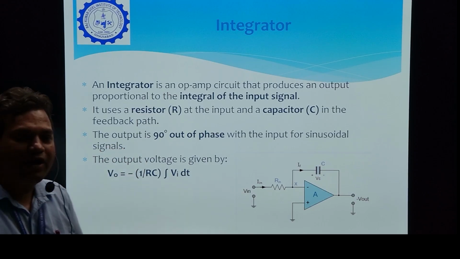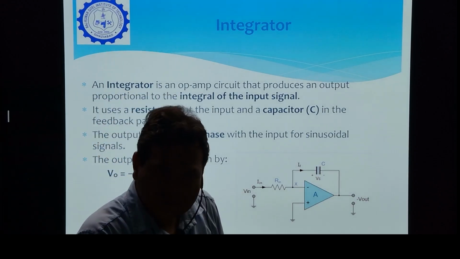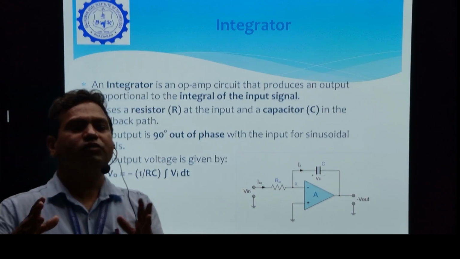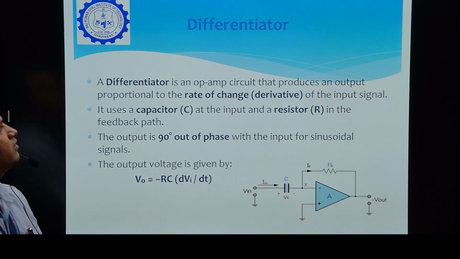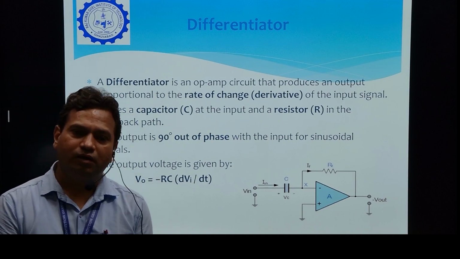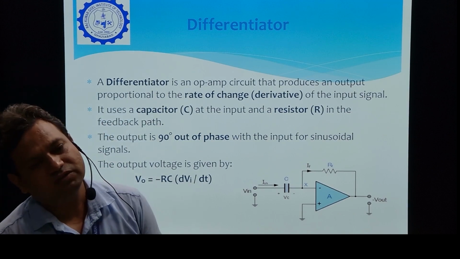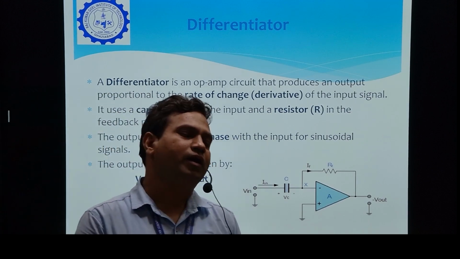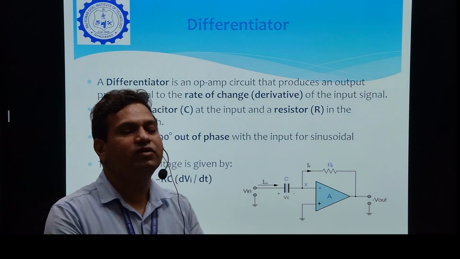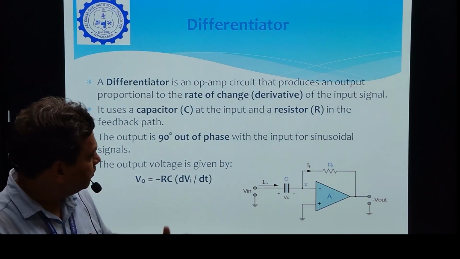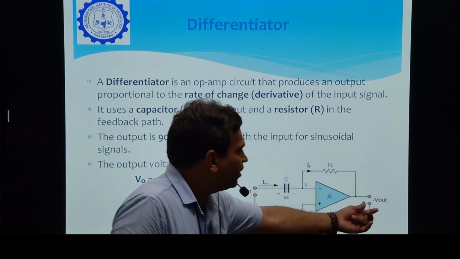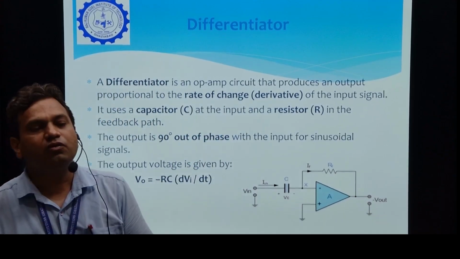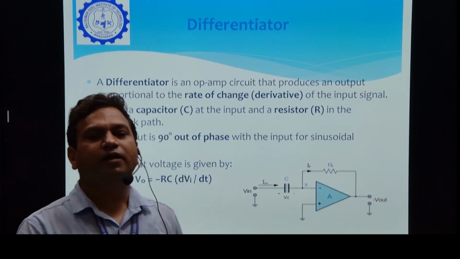If we apply a square wave at the input side of the circuit, then at the output side we get a triangular wave. Next, another mathematical operation is differentiation. The circuit designed with the help of the operational amplifier and used to perform mathematical differentiation is known as the differentiator circuit. The output of the circuit V naught is proportional to the derivative of the applied input signal.